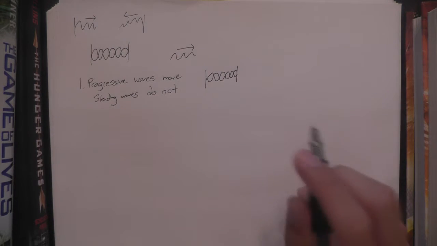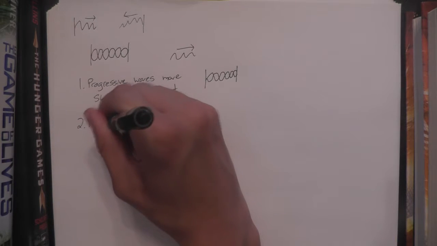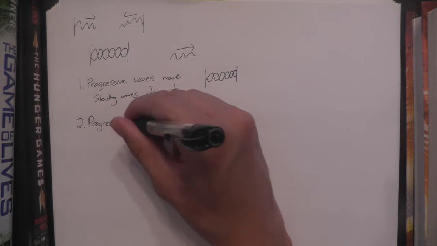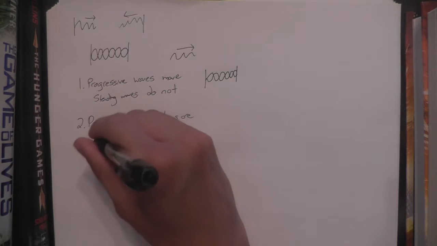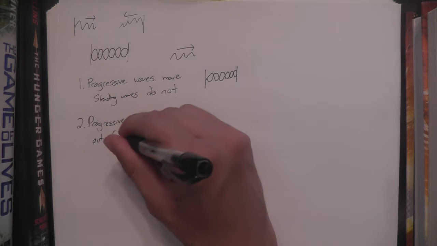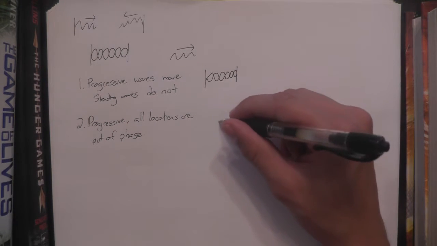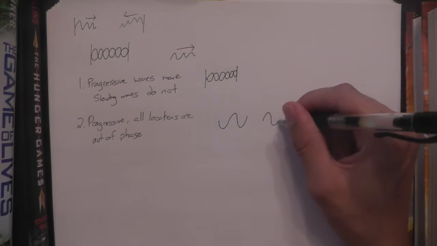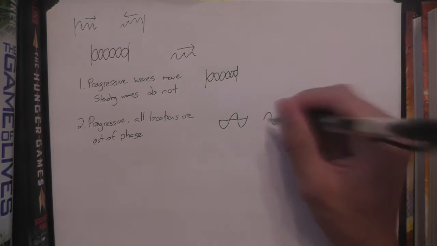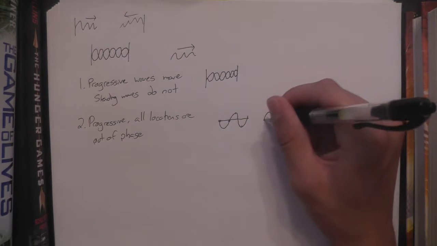The second marked difference is that in a progressive wave, all locations are out of phase. If you remember phase from our first video, what this means is that if you take a snapshot of a progressive wave, in one instance it might look like that, in the next instance it looks like that for the same area. So these areas now, they're out of phase.